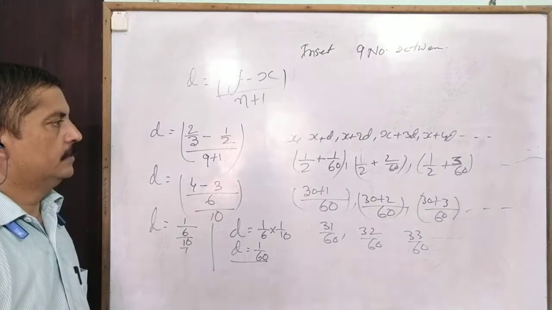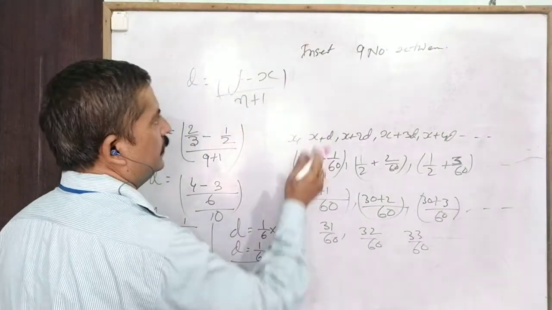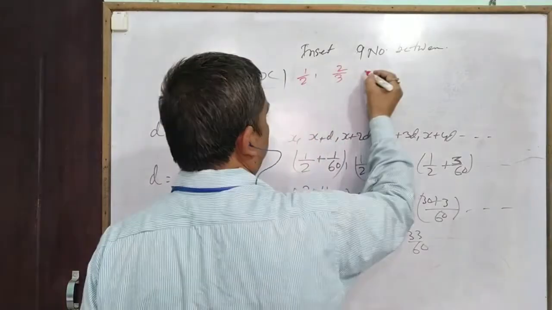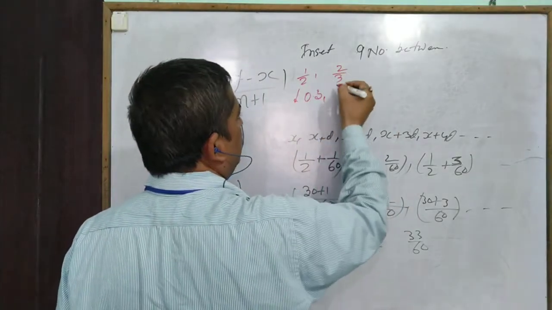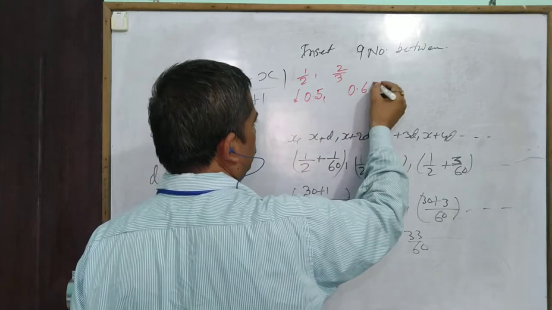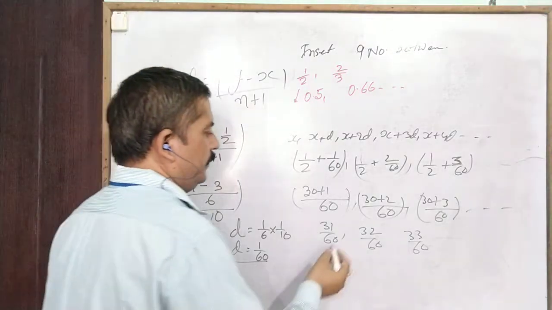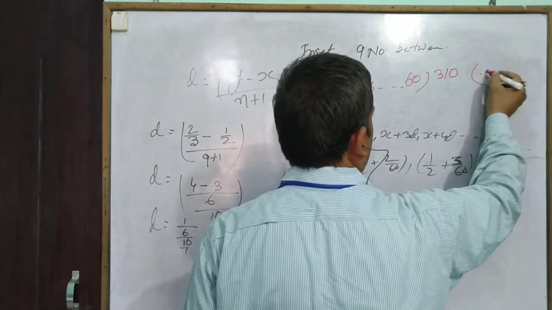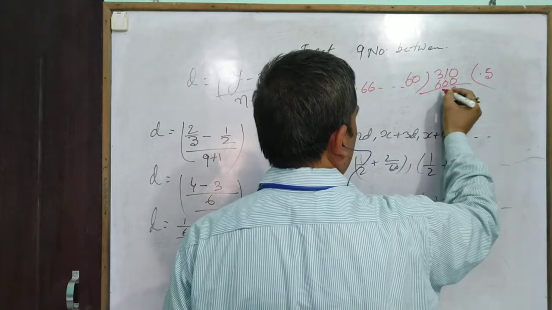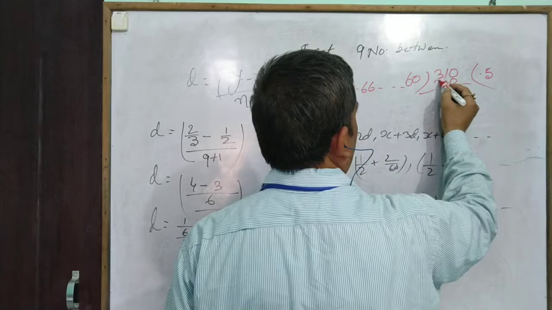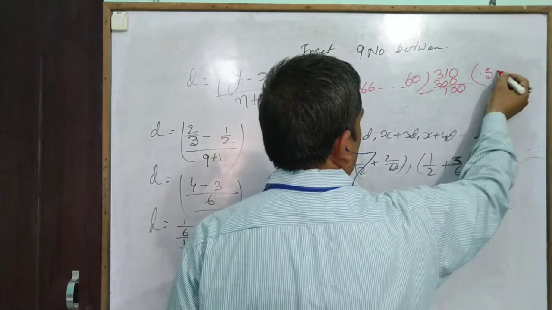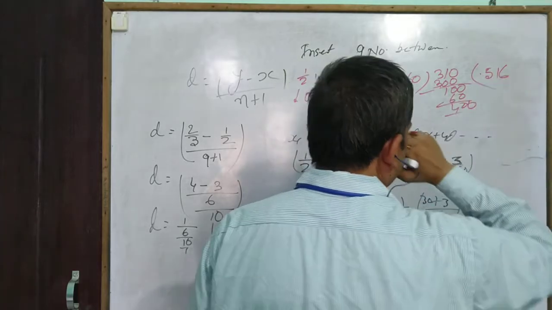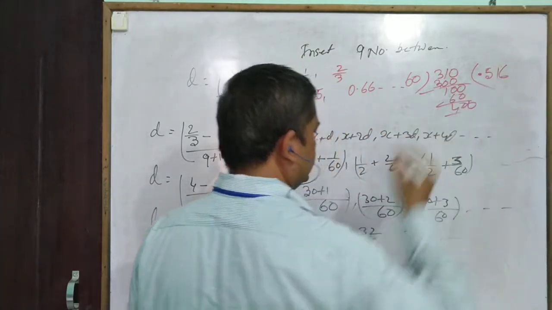So if my question is 1 by 2 and 2 by 3, if you change to decimal, 1 by 2 changes into 0.5, and 2 by 3 is divided to 0.664, and 31 divided by 60 is 0.516.